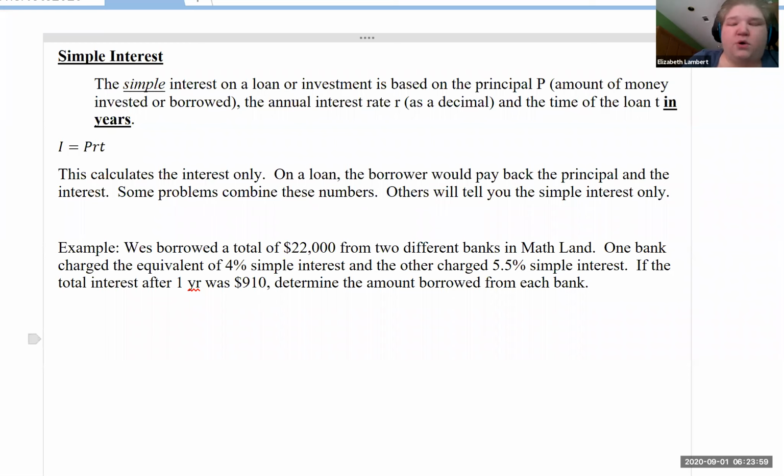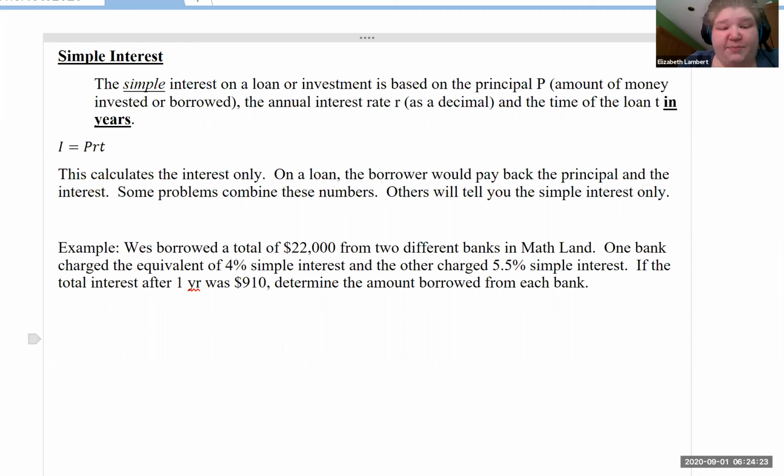So this formula only calculates the interest. It doesn't include the principal that you have to pay back as well. So some problems we'll talk about it one way, where it's the full thing you have to pay back would be the principal and the interest. And sometimes the problems will be like this one. It says, if the total interest after 1 year was this, that is just the interest.